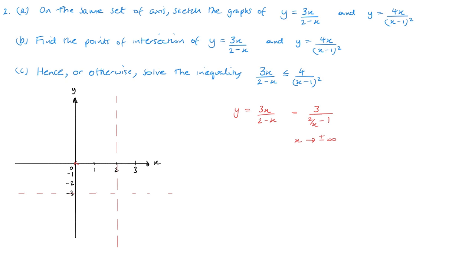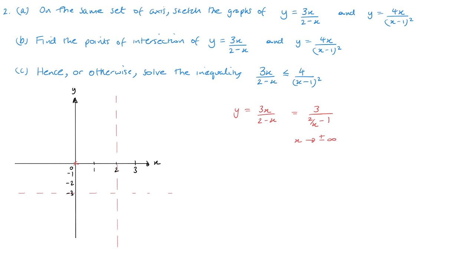So let's have a look at what's happening as it's heading towards the 2. And then we'll look at what's happening the other side here. So this one, as it's heading towards the 2, so if I put in 1, I get 3 over 1, so 3. So at 1, it's here, it's 3.